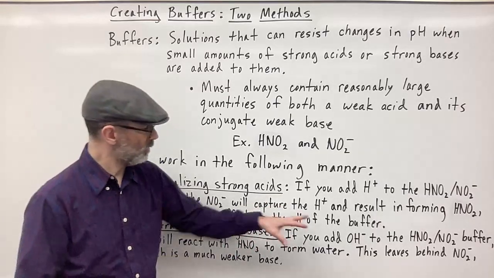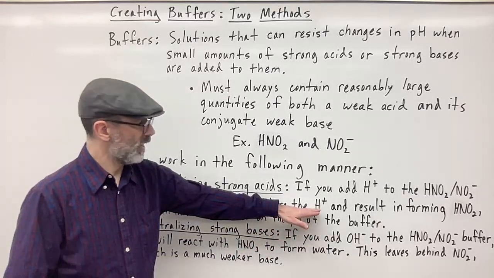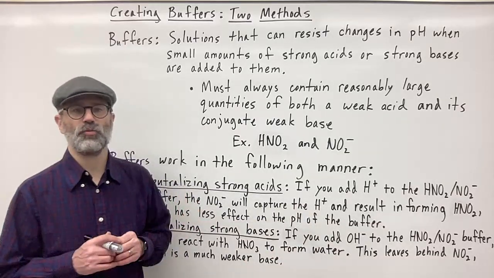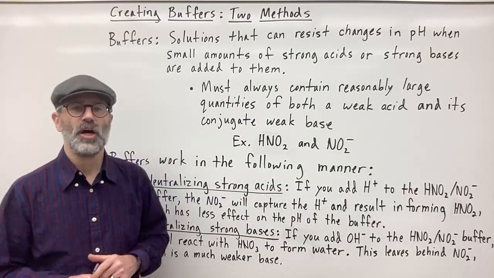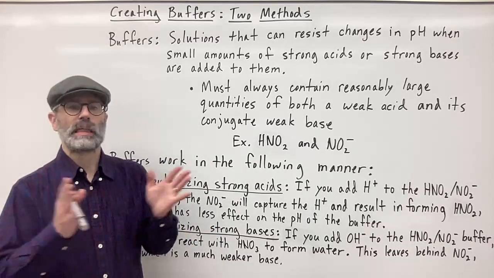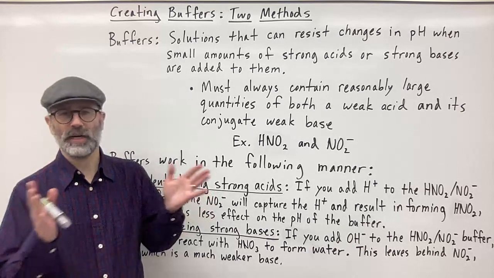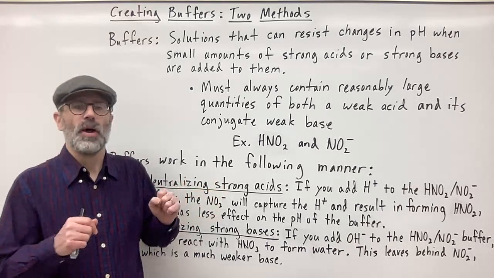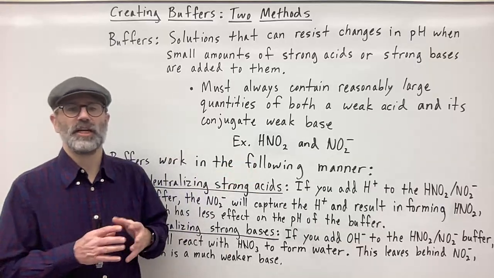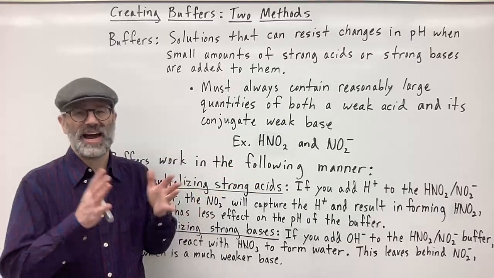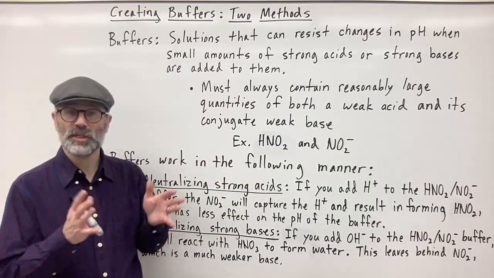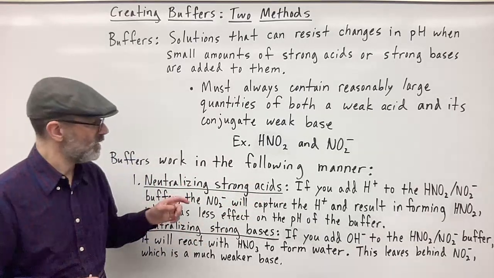So for a strong acid, to review, when you put it into water, it's going to ionize completely, practically 100%. Whatever strong acid you put in there is going to dissociate into H+ ions, and H+ is the key reactive species.